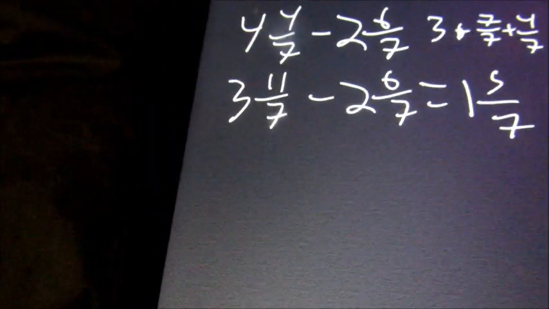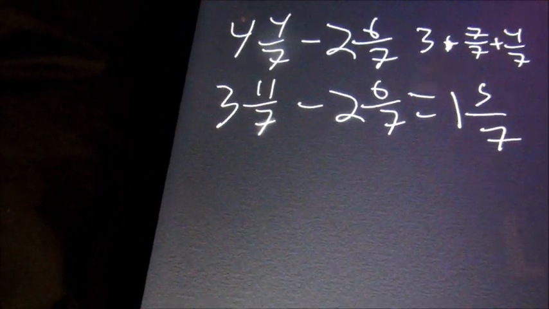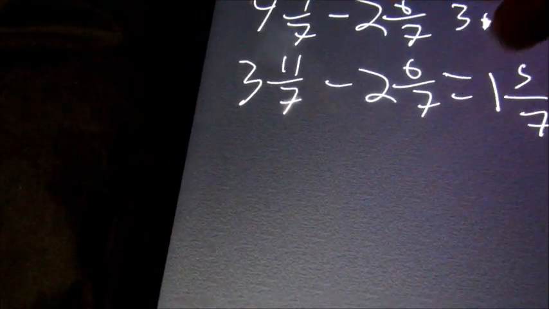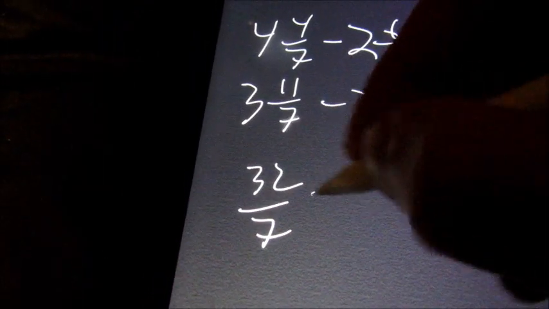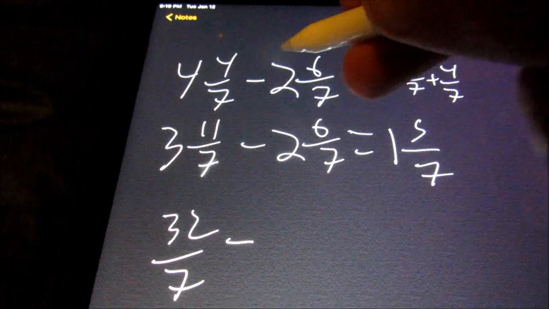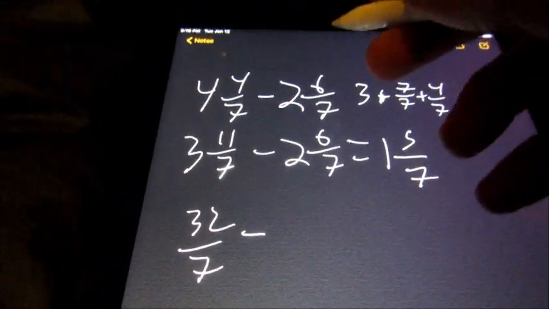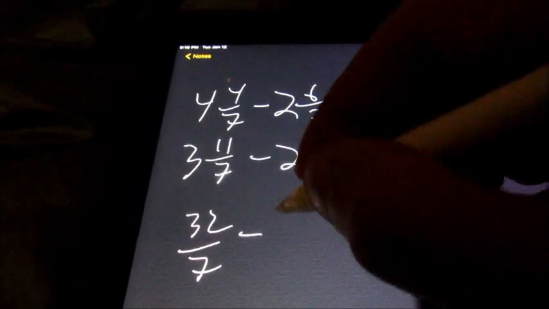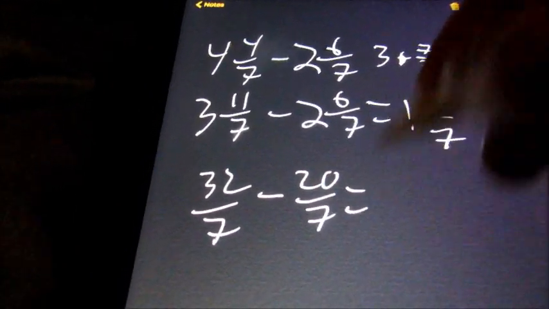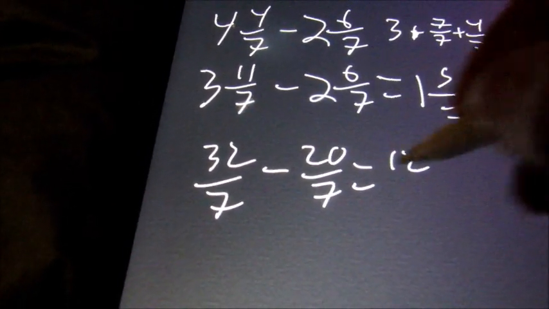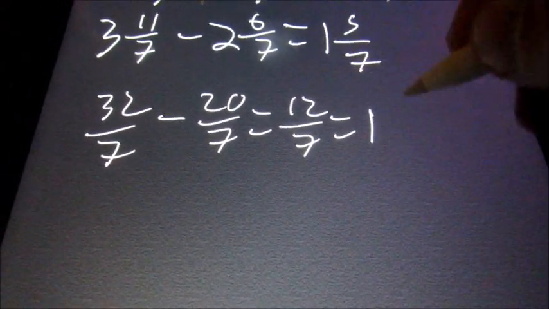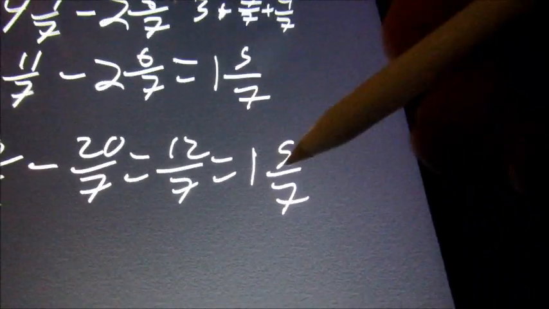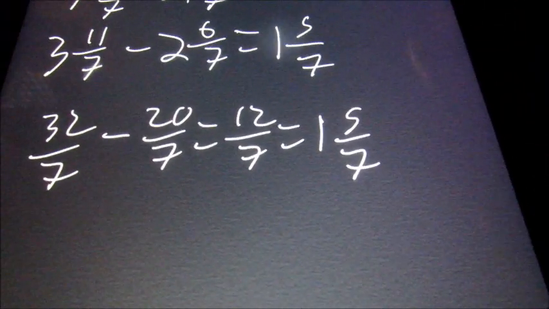But again, I can just do this as improper fractions. 7 times 4 is 28, plus 4 is 32 over 7, minus 7 times 2 is 14, plus 6 is 20 over 7. When I subtract now, I'll get 12 over 7. And now when I divide 7 into 12, it goes 1 with a 5 remaining, and I get 1 and 5/7 again.